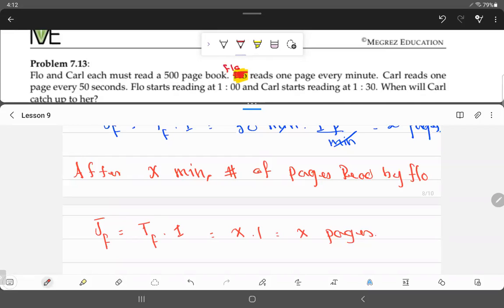After X minutes, we don't know how many minutes, so the job is going to be X pages.